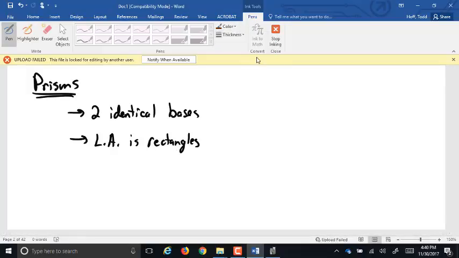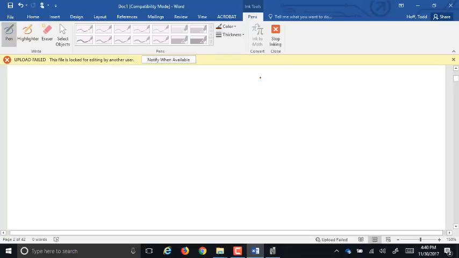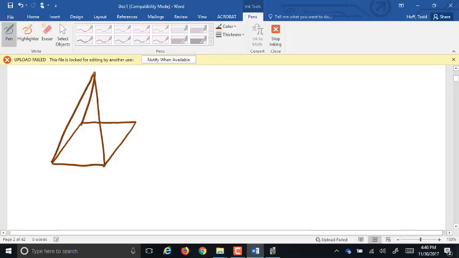What we're going to look at now is something that's not a prism, things that have one base. For example, a pyramid.